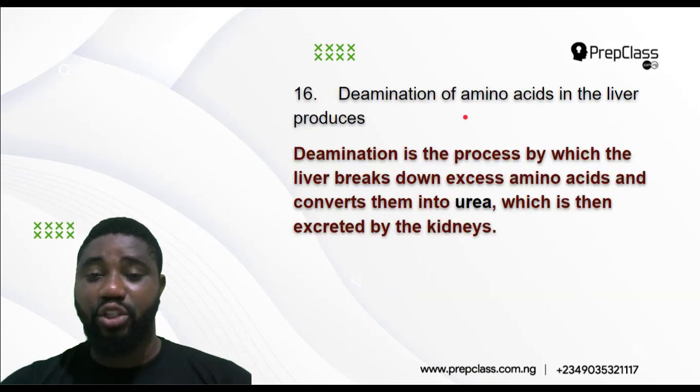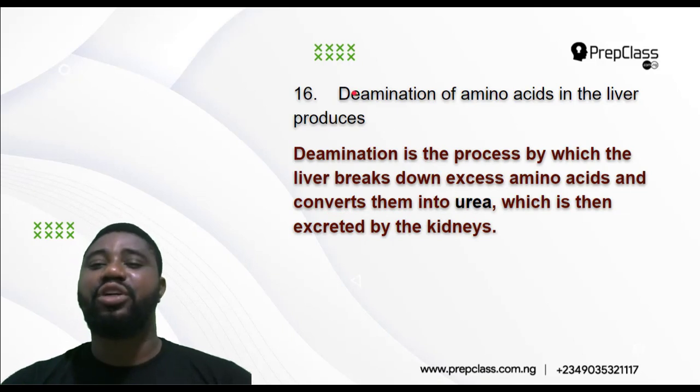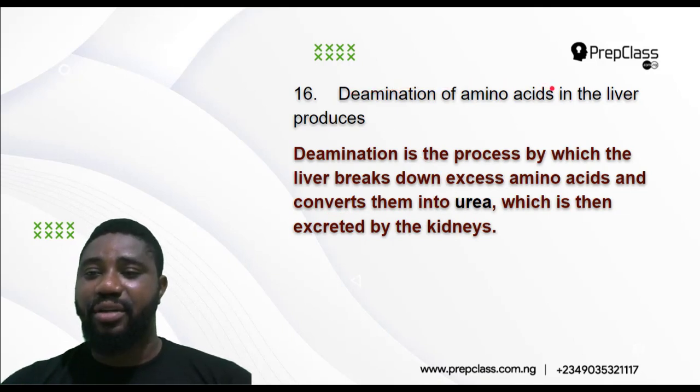What does deamination of amino acid produce? Deamination is a process by which the liver breaks down excess amino acids and converts them into urea, which is then excreted by the kidney. So since deamination is a process of breaking down amino acids to urea by the liver, that urea is now excreted by the kidney.